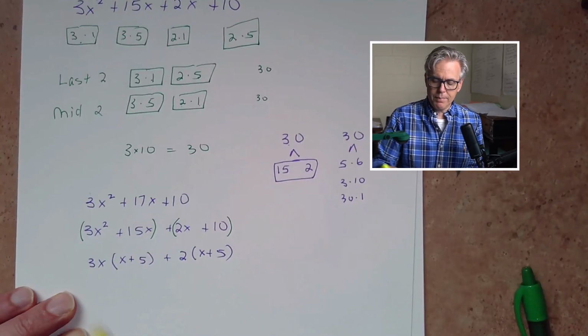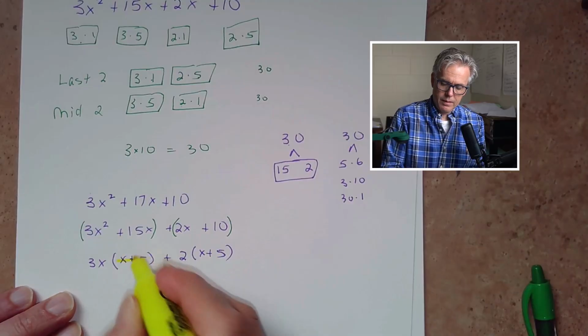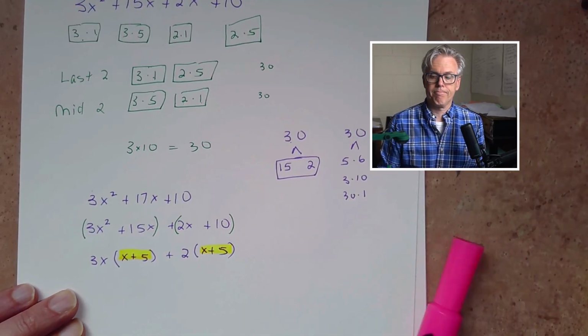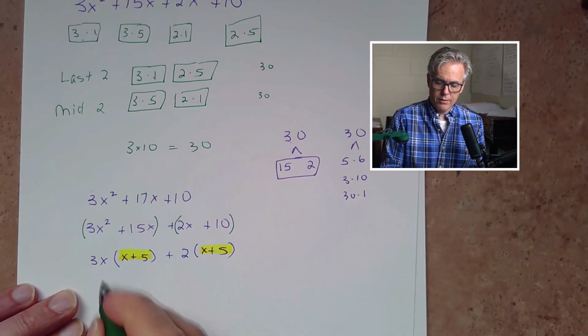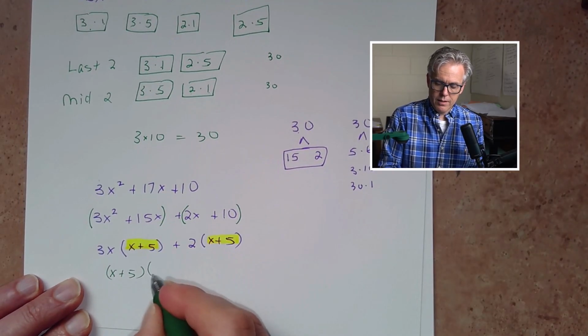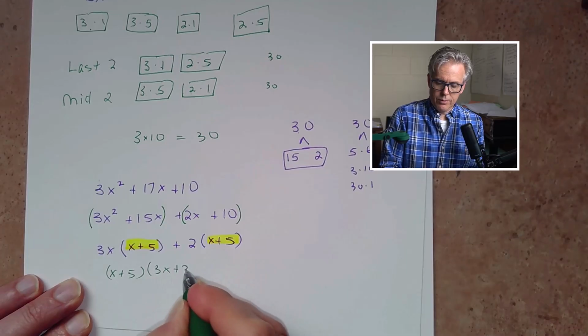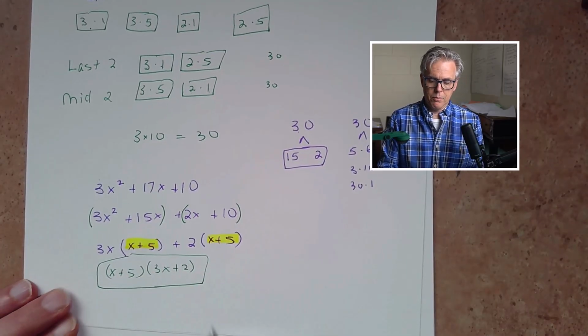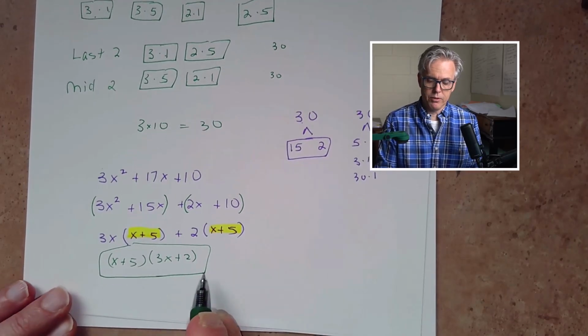Now this will always happen if it's factorable. And so I can pull out my x plus 5, and I'm left with 3x plus 2. Sorry for the change of color there. Which again is the same thing we got when we started.